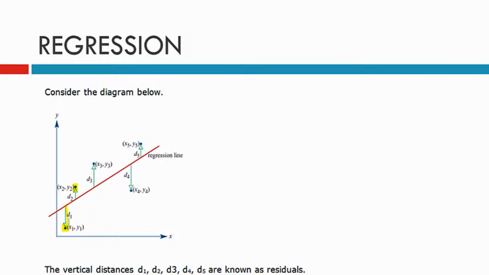Of course, this part here that I'm marking is a negative distance. The d2, going to the point x2, y2, is a positive distance. So above the line it's positive, below the line is negative. We want the smallest distance from the line to these points, and these distances are known as residuals.